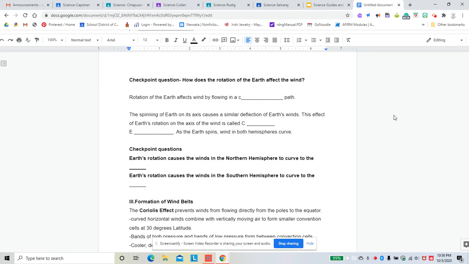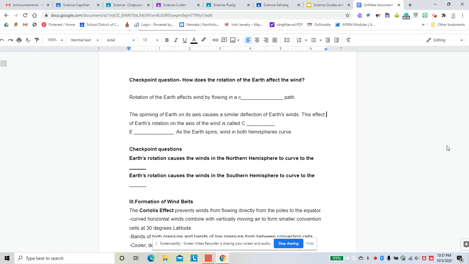And then now we're going on to the checkpoint question. How does the rotation of the Earth affect the wind? Rotation of the Earth affects wind by flowing in what kind of path? So which kind of path does it follow?